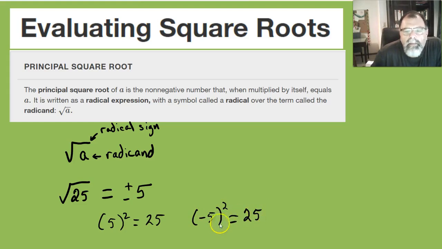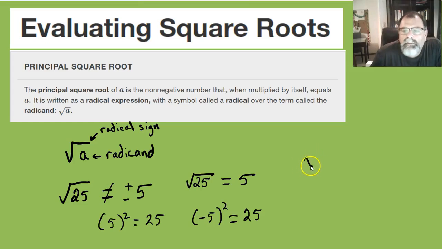So yes, negative 5 squared is 25, but this symbol is the principal square root, so it's the non-negative number that when you square it, you get 25, so that's just 5. So that's a common mistake.